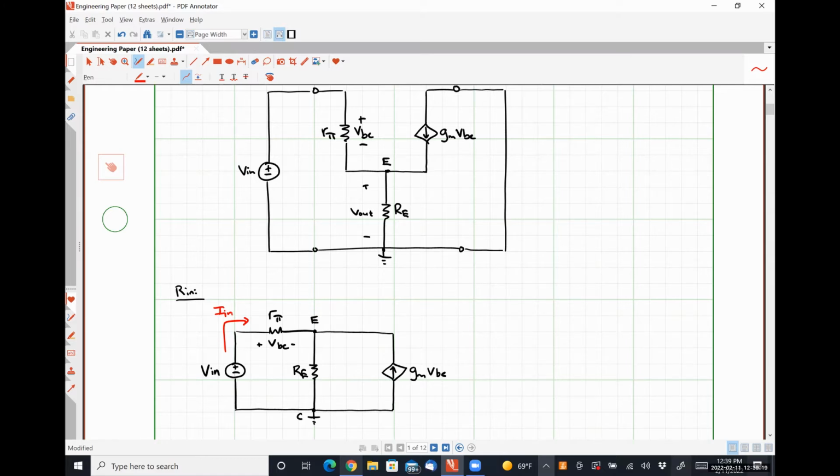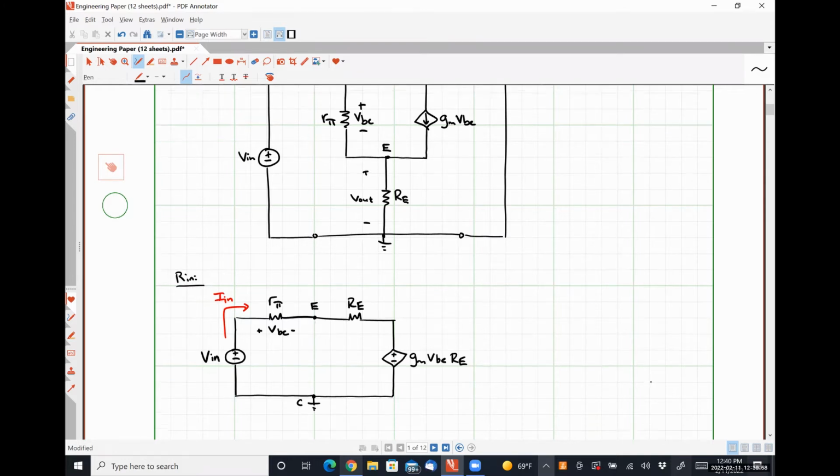So performing that source transformation, all that's going to do is move that resistor RE from here to here, and it changes that current source to a voltage source having a value of GM VBE times that resistance RE. Everybody okay with that?